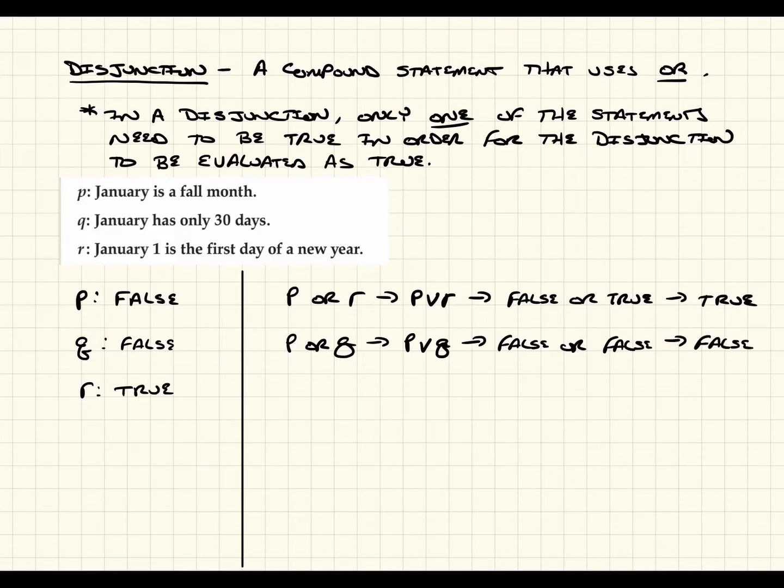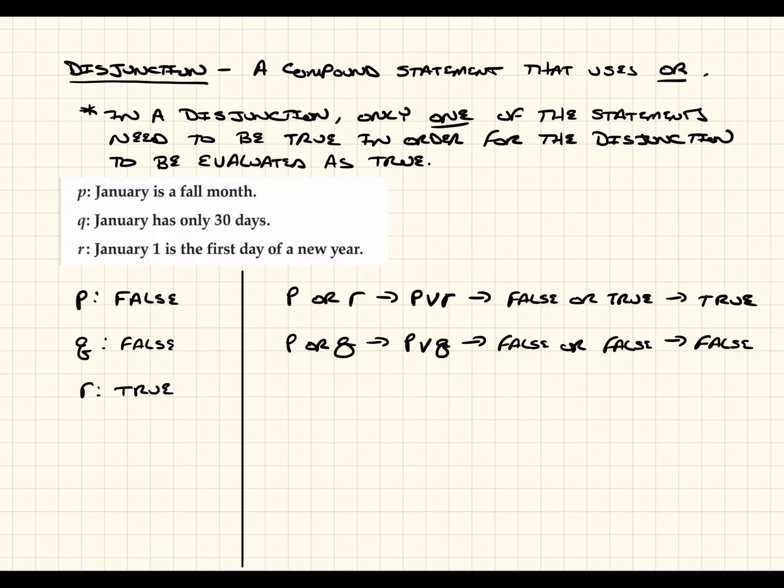So the compound statement, January is a fall month, or January only has 30 days, is false. Remember that in a disjunction, only one of the pieces has to be true for the entire thing to be true.